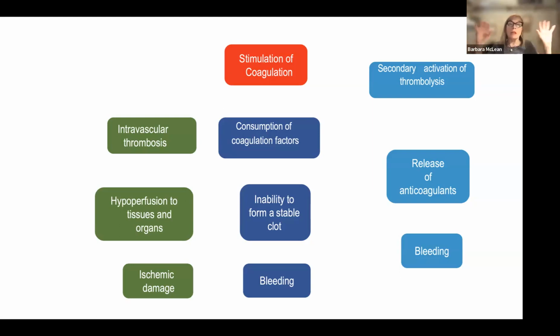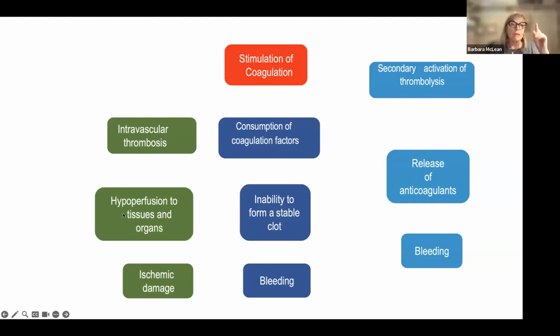And that hyperstimulation from inflammatory mediators that are circulating will stimulate clotting. And that will cause intravascular thrombosis, causing hypoperfusion to your overall tissues and your organs. And that's going to lead to ischemic damage, damage of the kidney, damage of the mesenteric bed, the liver, the spleen, the heart, the brain, damage everywhere, because I've occluded perfusion.